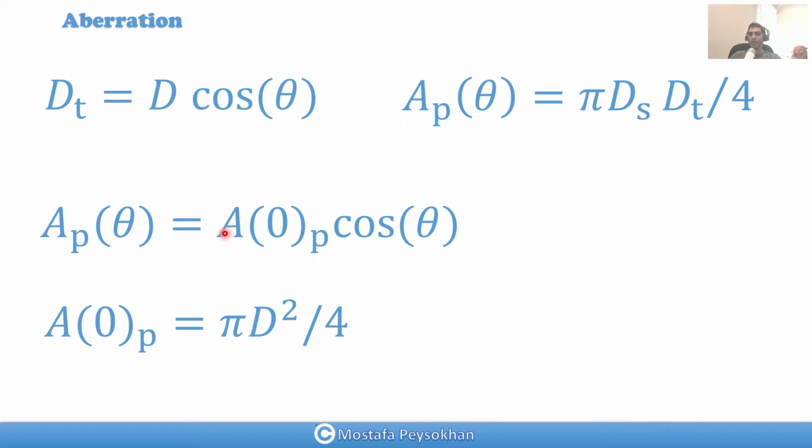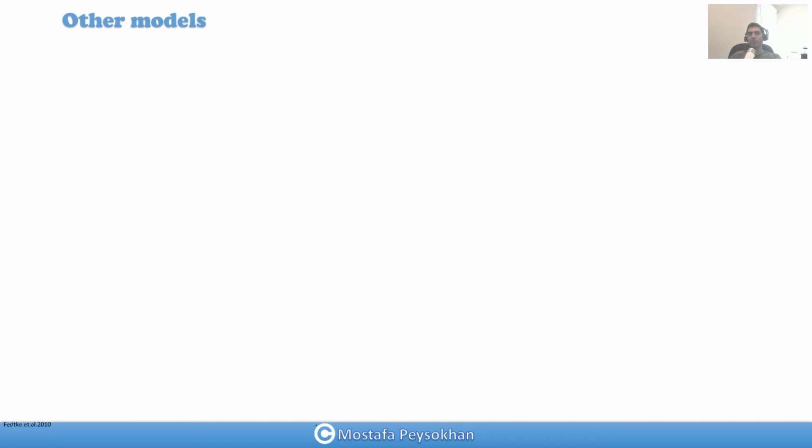And A0 of p is pi d squared over 4, since at angle 0 we just put d for everything. So this is the area of the entrance pupil. Right now we have a good equation for the area of the pupil related to the magnification when we are looking at different angles.